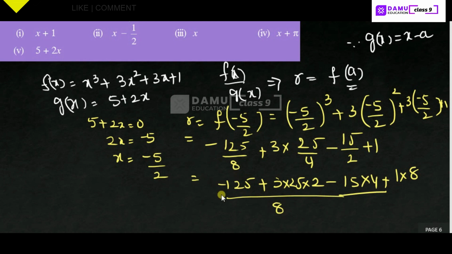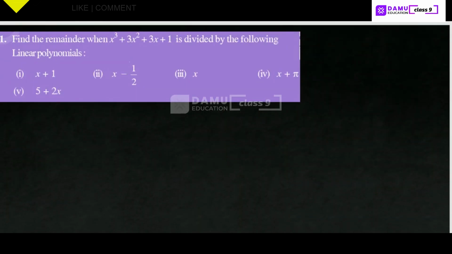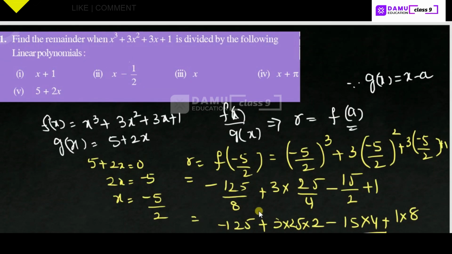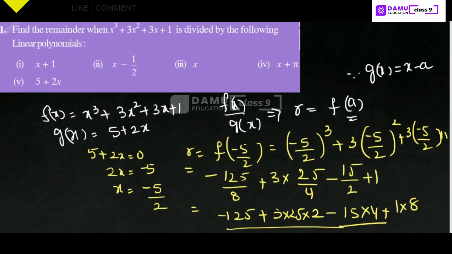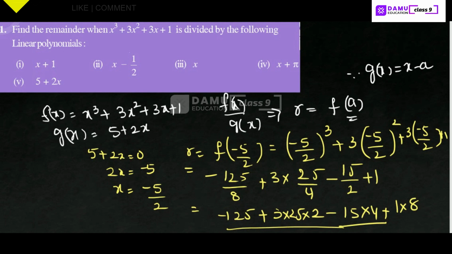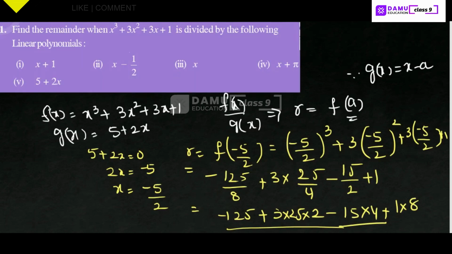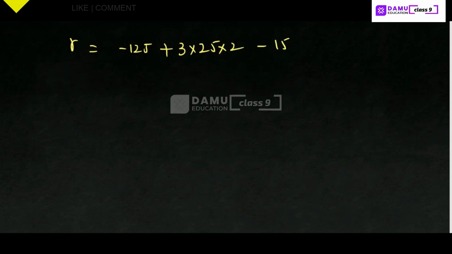So let's take here. The remainder will be equal to minus 125 plus 3 into 25 into 2 minus 15 into 4 plus 1 into 8, all by 8.